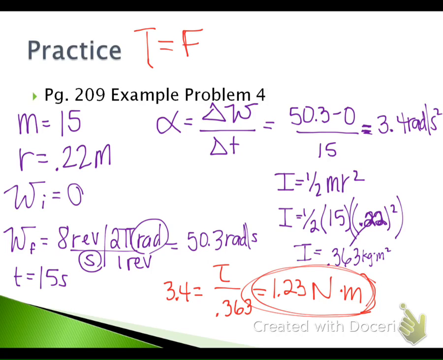Force times radius, Fr sine theta. Fr sine theta is our equation for torque. If you look at this picture, this force is being exerted on the x-axis, and our radius would be from the axis point to where that force is being exerted.